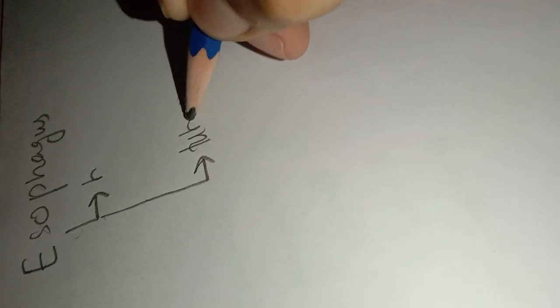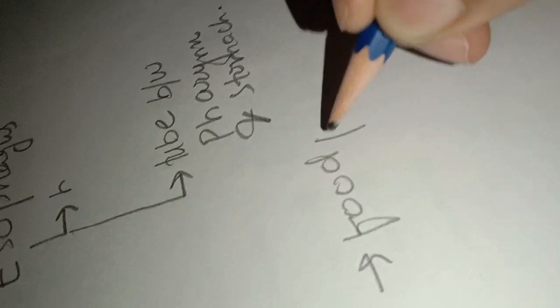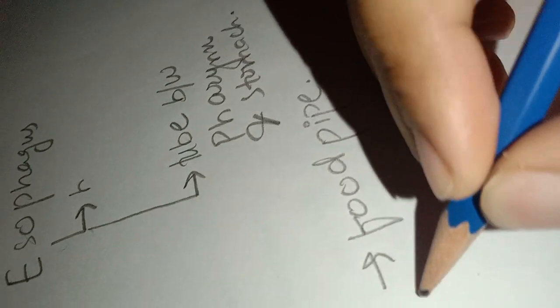The esophagus is the tube that is present between the pharynx and stomach. The second name of the esophagus is food pipe. The food pipe that is present in the alimentary canal is known as the esophagus.